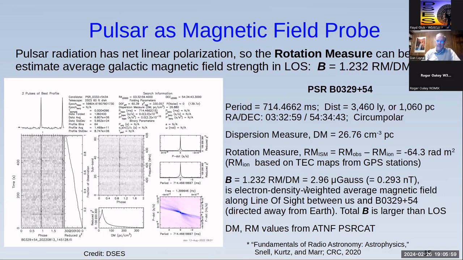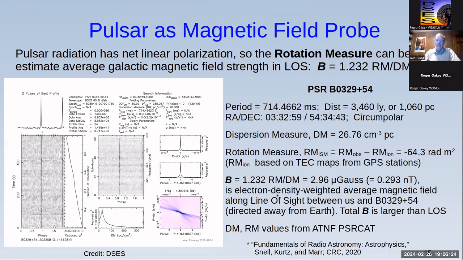That's the value, but it's actually the electron density weighted average magnetic field along the line of sight between us and that pulsar. It's directed away from Earth, so the minus sign means it's directed away from Earth. We know it's just along this one line of sight. It's the average value because we don't know the exact details of the hydrogen clouds, but we know that average value.